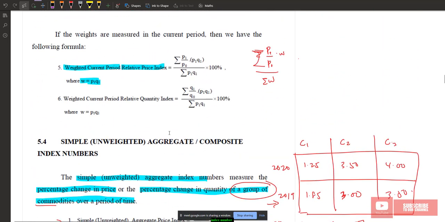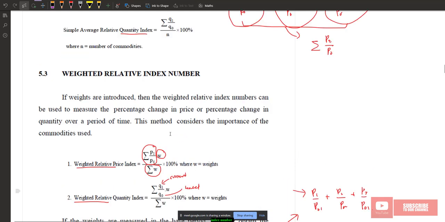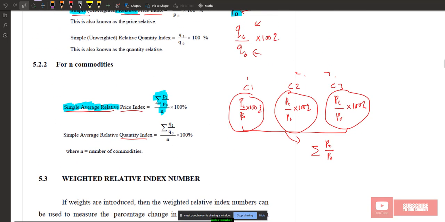So let's look at the formula. If you want to find average relative or simple average relative, right? So this is the formula. Summation of all the index number divided by how many commodity multiply with 100%.